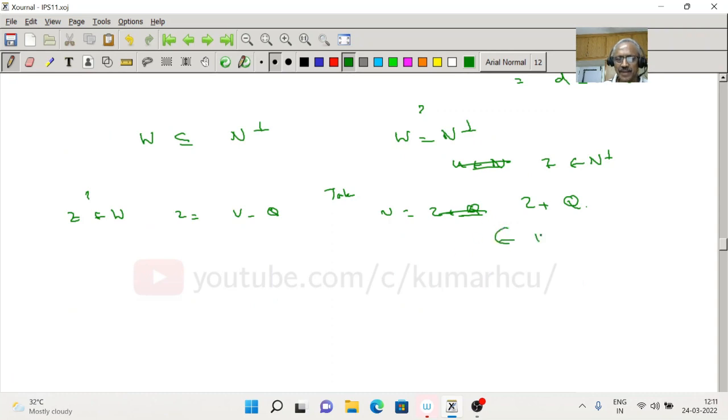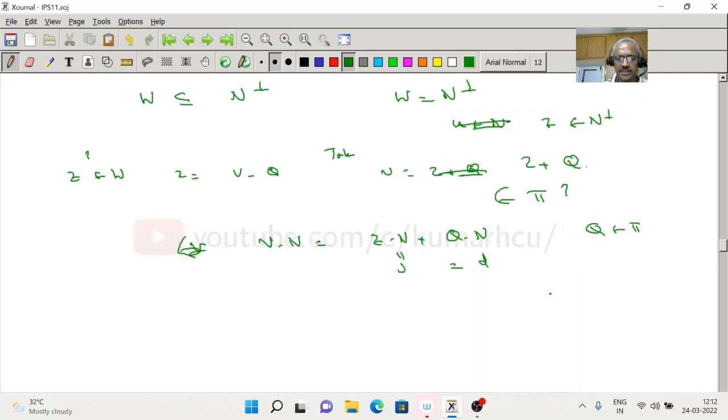Okay, is it in pi? Because v must be in pi, right? How do I know it is in pi? I have to take the dot product with n, that is z dot n plus q dot n. Remember, z is in n perp, therefore this is 0, and q dot n by definition is d, because q is in pi. Right?